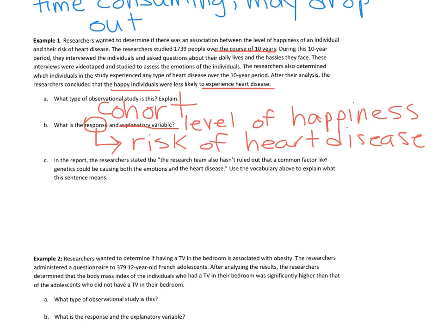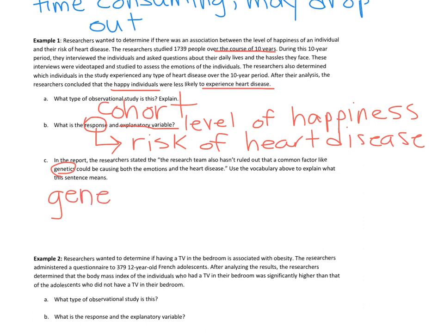In the report, the researchers stated the research team also hasn't ruled out that a common factor like genetics could be causing both the emotions and the heart disease. So using the vocabulary above, what does this sentence mean? So, we could say something like genetics could be a confounding variable, or genetics may be causing confounding, something like that.